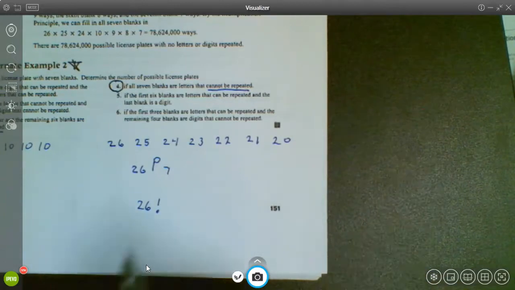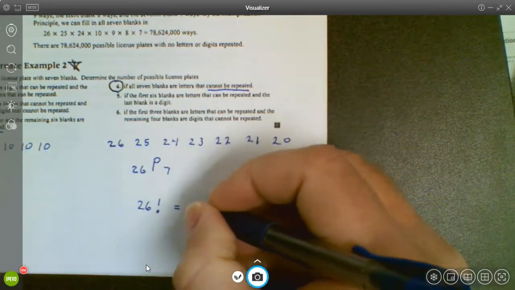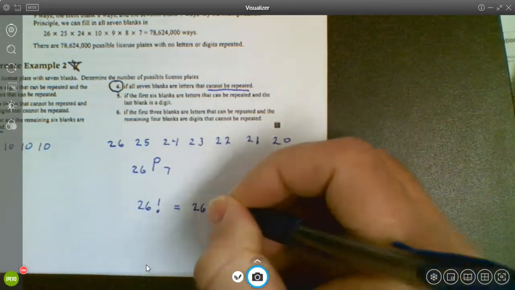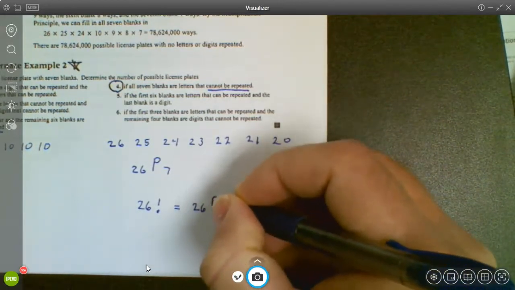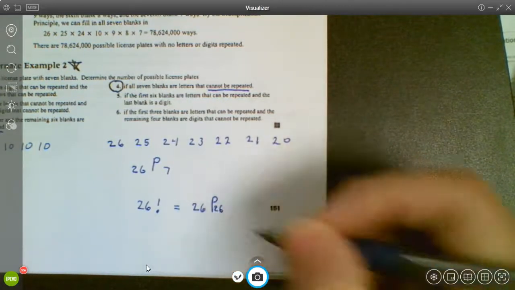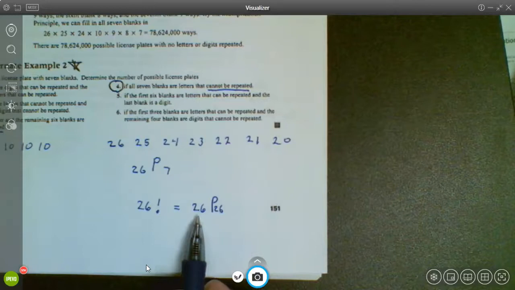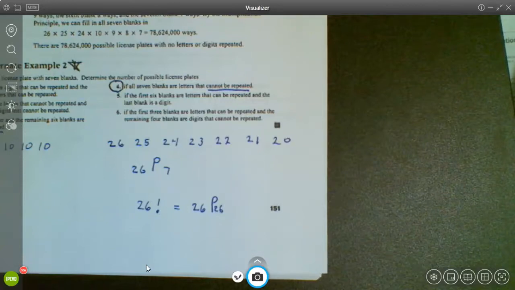In terms of a permutation, this would look like this. If I had 26 items and I was going to put all 26 in order, it would look like this. That's what a factorial represents. If you're going to put all of them in an order, then you have a factorial. So if I had to create a batting order for my baseball team, there are 9 players in a batting order.